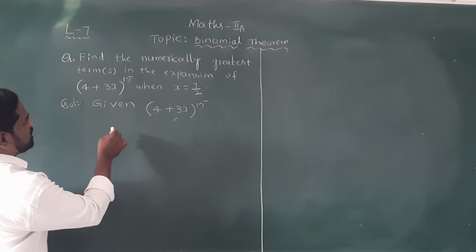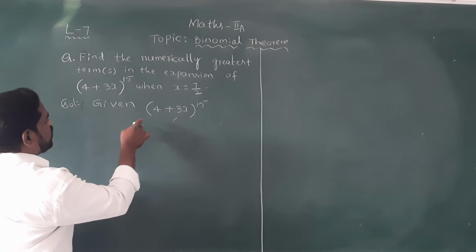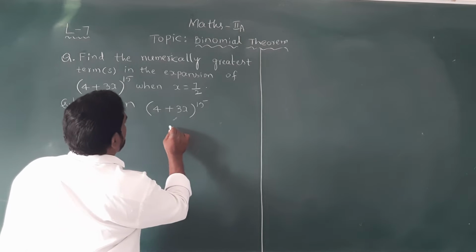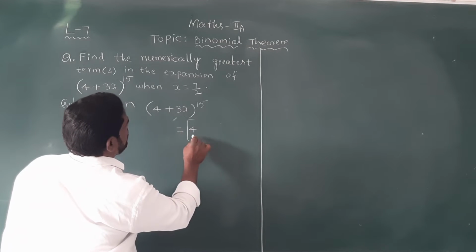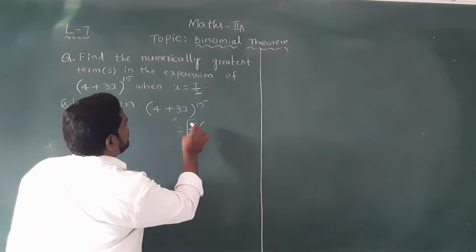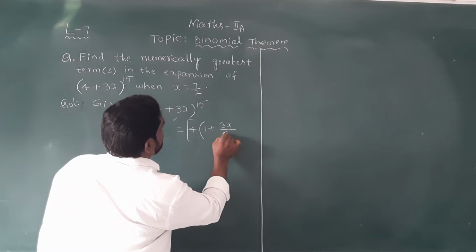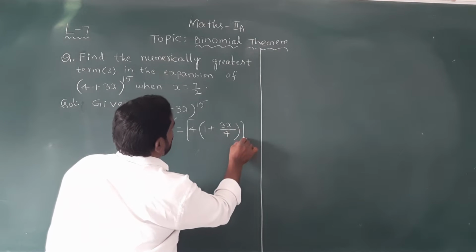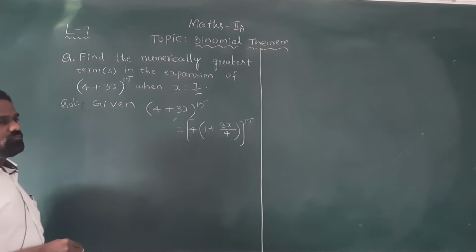What is here in this expansion? We take 4 common. What will come? Let us see. Taking 4 common, we can get 1 plus 3x by 4 whole power 15.